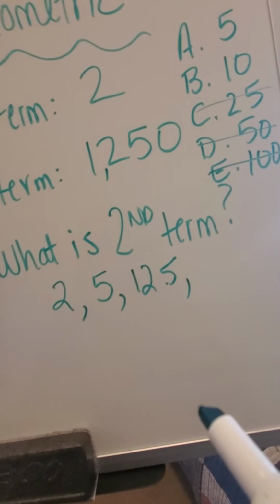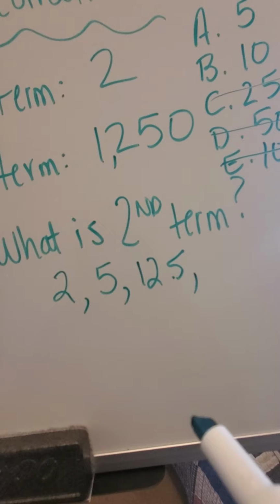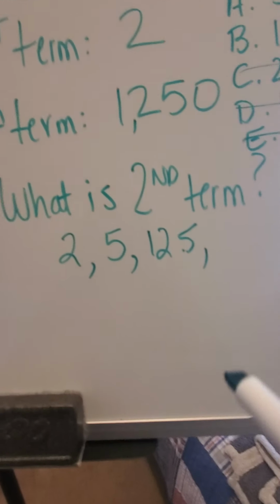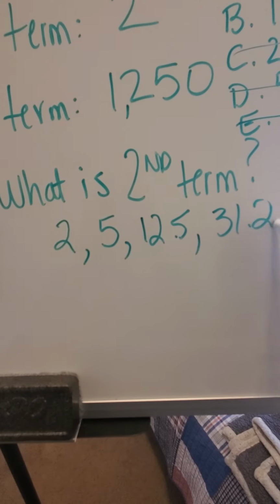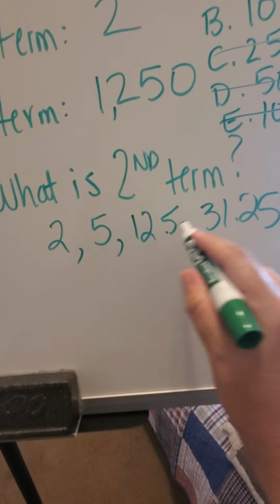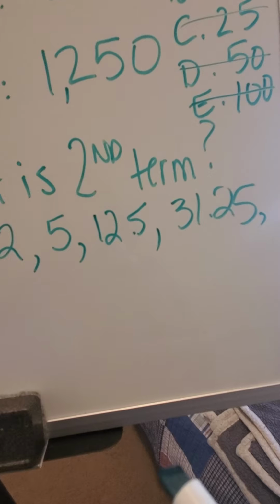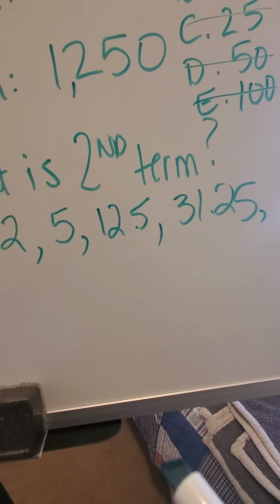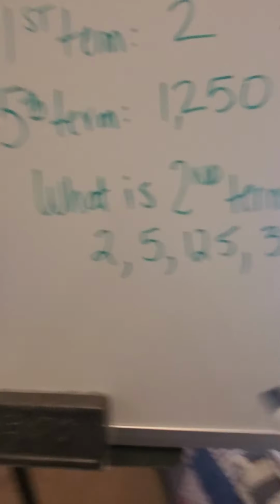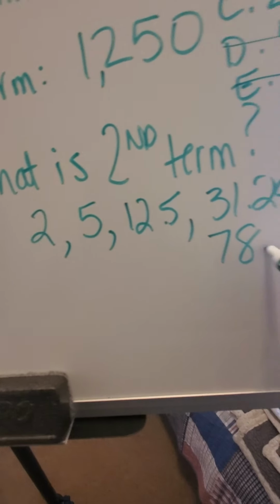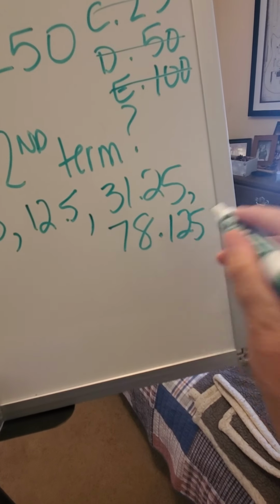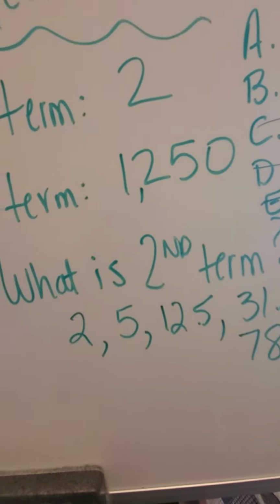Then that times 2.5 would be 31.25, which is my fourth term. And then that times 2.5 would give me 78.125, which is not my 1250, is it?